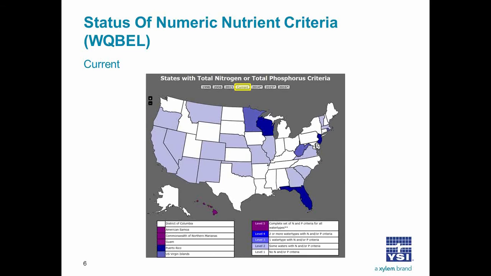Level purple is a complete set of N and P criteria for all water types. Looking ahead to 2016, more states get into the blue territory and many get a darker blue. For example, Ohio and Vermont both have a full, complete set of N and P criteria for all water types in 2016.